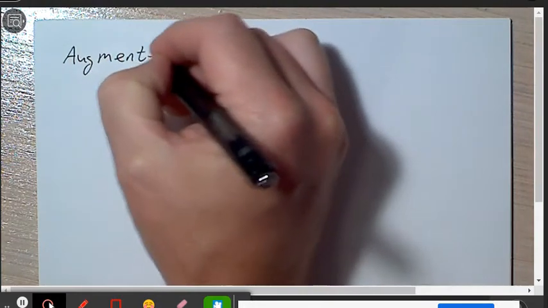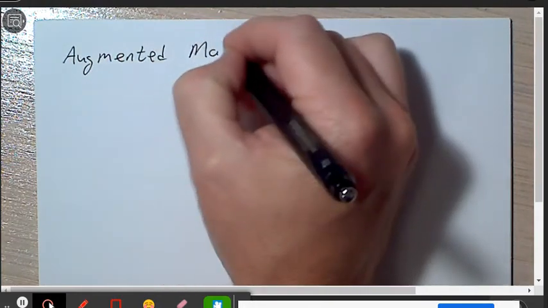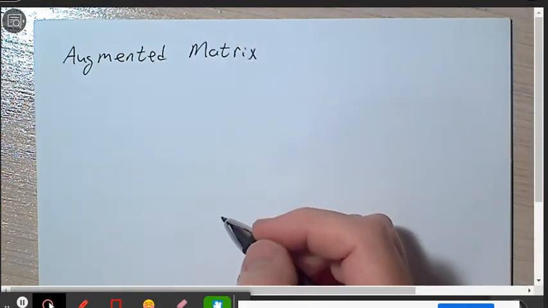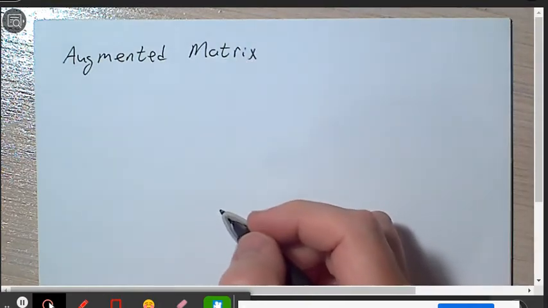Okay, so one of the ways that they show you is they talk about an augmented matrix.